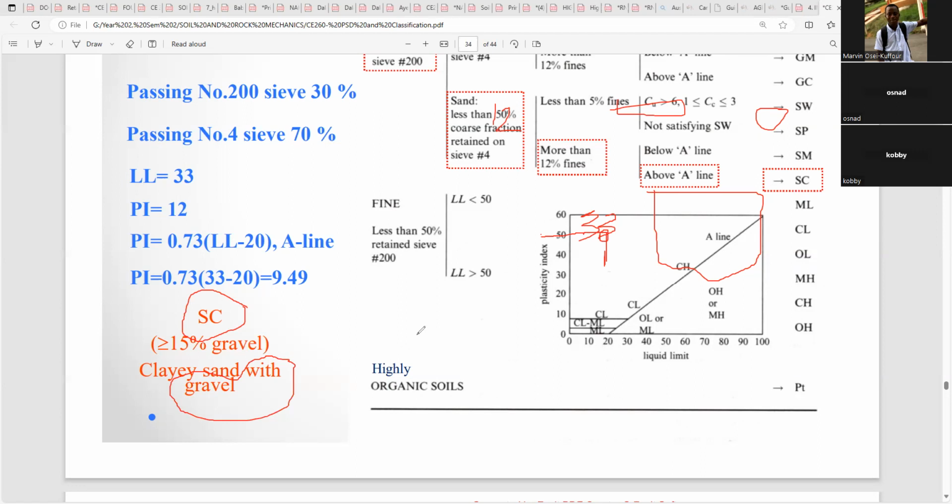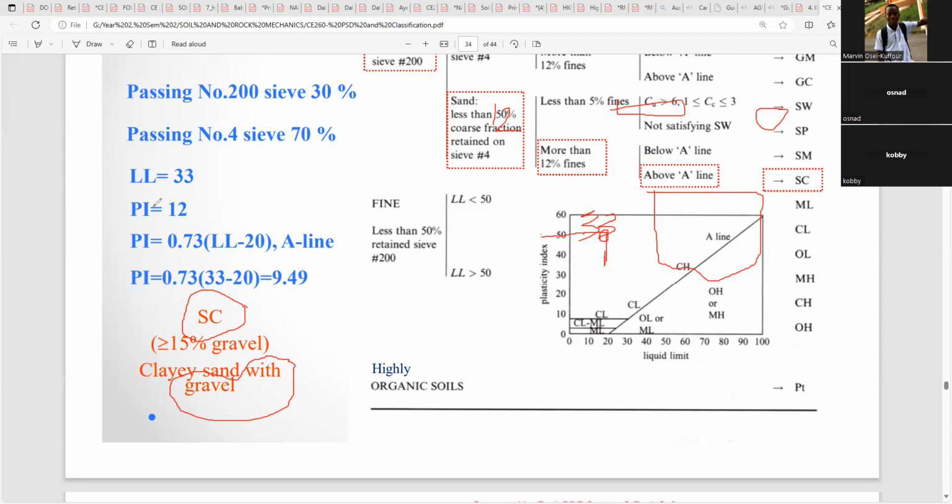If the gravel amount that you calculated is greater than or equal to 15%, then it means that you have some small amount of gravel within your clay sand. So we are going to classify the next.